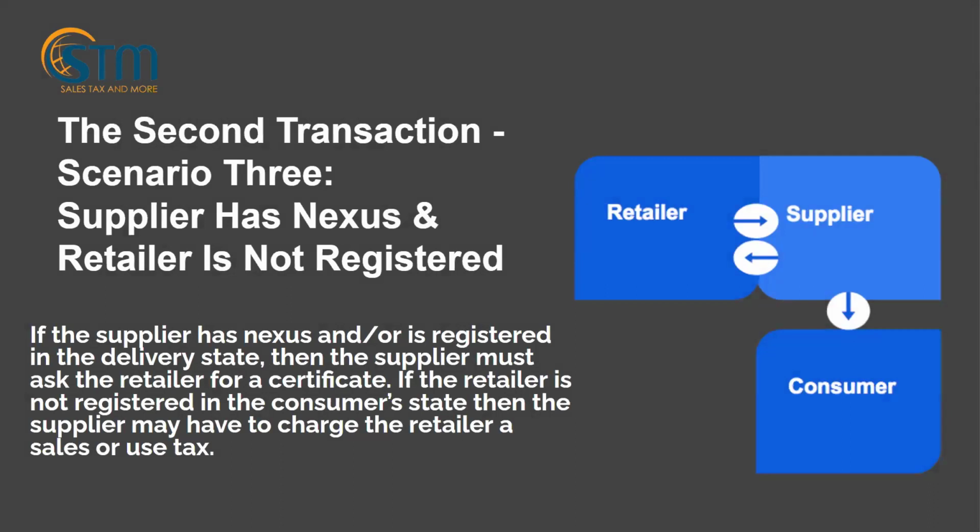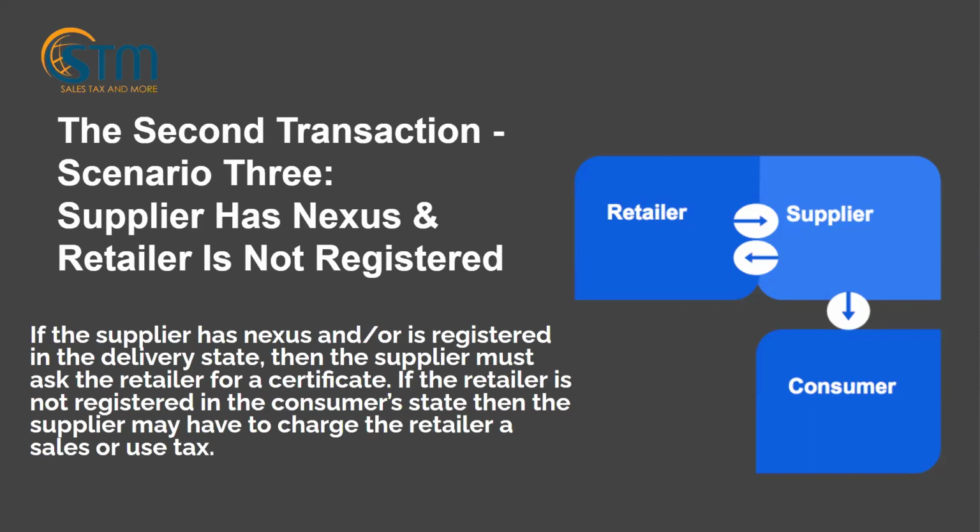And this is where the supplier has nexus and is registered, and the retailer is not registered. All right. So if the supplier has nexus or is registered in the delivery state, then the supplier must ask the retailer for a certificate.